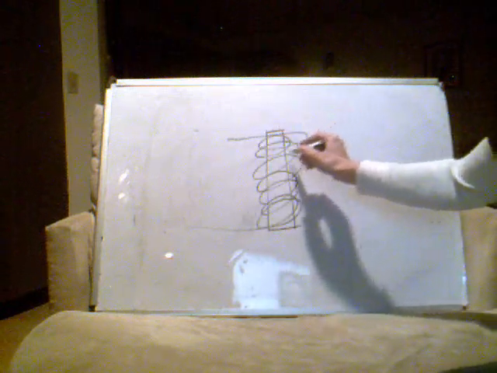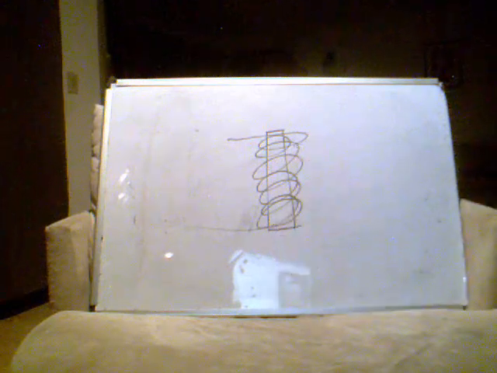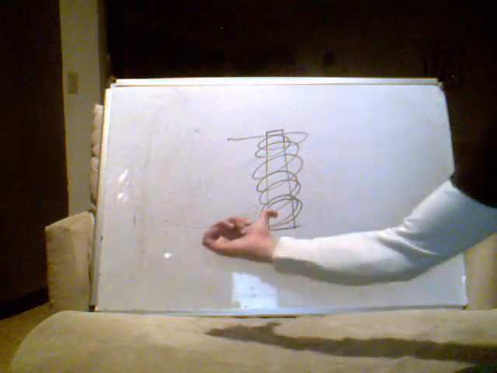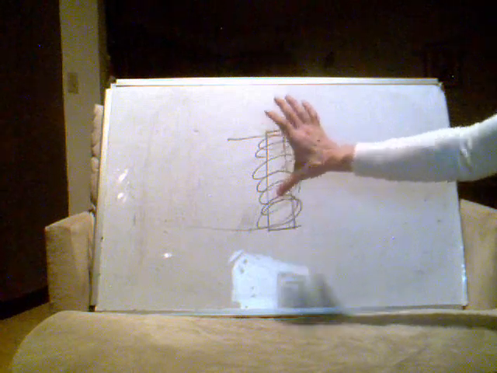Now, as current flows through this coil, what is going to happen? Well, it's going to create a magnetic field, right? According to the right-hand rule, as the current goes through the wire, it's going to create a magnetic field. And that's going to carry itself through this iron bar, right? This core.